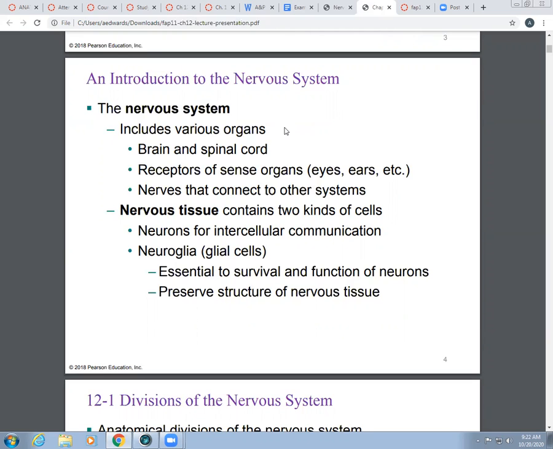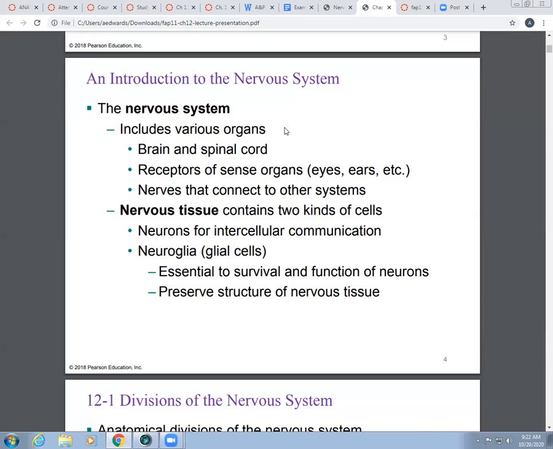Now, if we're thinking on the tissue level, remember, tissue is composed of cells. The cells involved in nervous tissue are the neurons, which are considered cells and are used for communication from one cell to the next. We also have neuroglia, or glial cells.